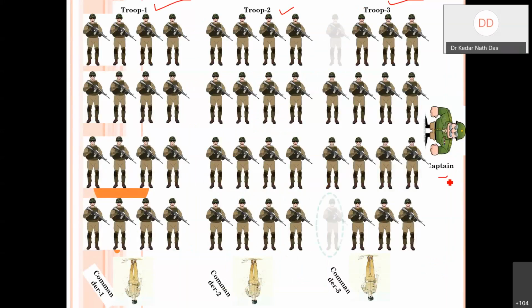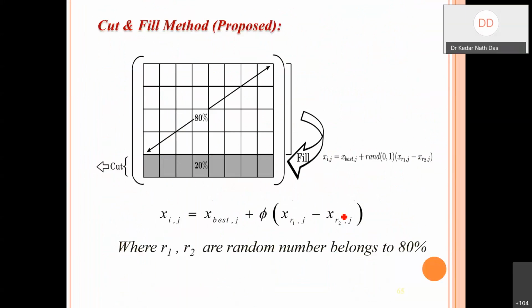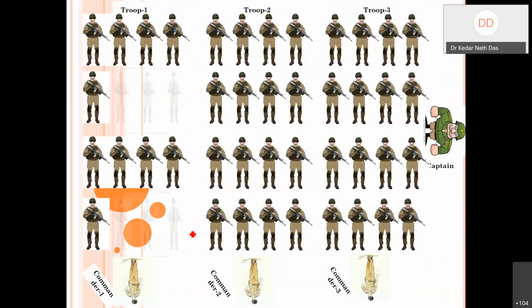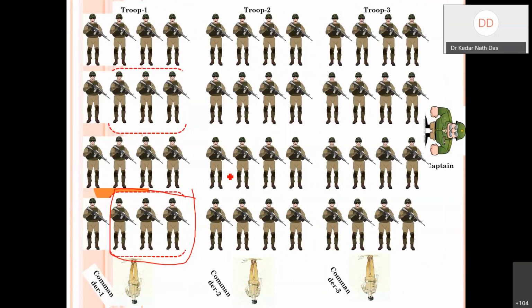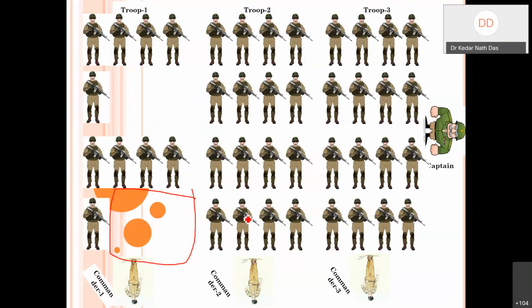What happens is, when a soldier is injured, he is swapped suitably by other soldiers. Similarly, if a part has been damaged by the enemies, then this entire part is again swapped by another set of soldiers. That is a swapping method, called the cut and fill method, which has been applied here.